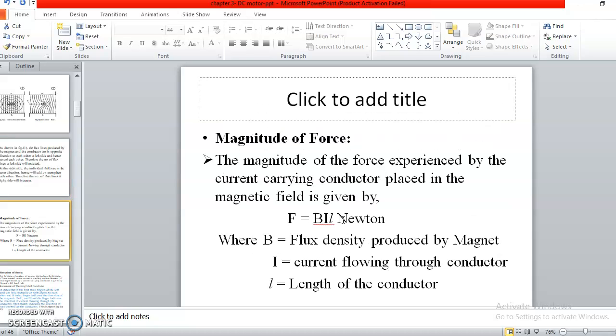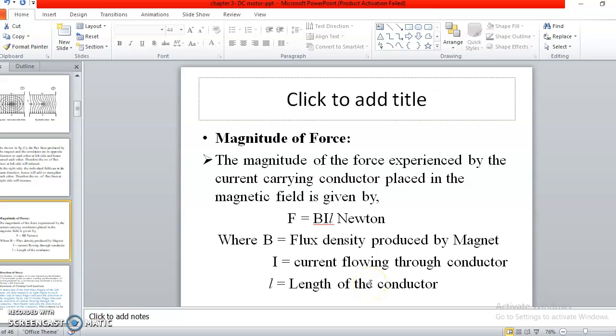The magnitude of the force on a current carrying conductor placed in a magnetic field is given by F equals BIL, where B is the flux density produced by the magnet, I is the current flowing through the conductor, and L is the length of the conductor.